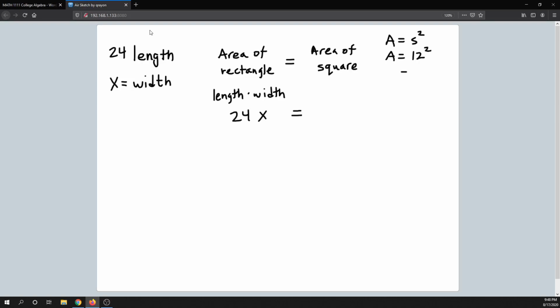So the area of the square is 144, and that would go right here. And so that's it. That's the translation process here.